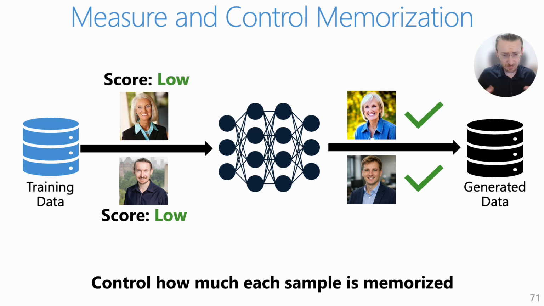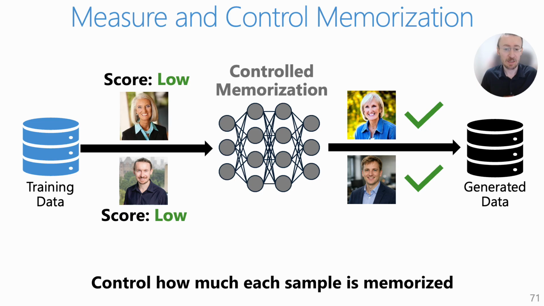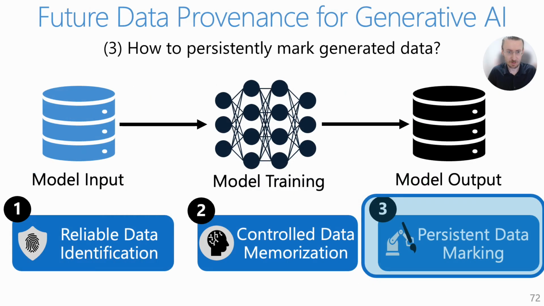Crucially, once we can measure memorization, it is also controllable. So we can then design methods that control how much individual training samples are memorized and which of these patterns drive this memorization. So now the question is, how can I identify and extract the strongest provenance signals that are memorized by the models?